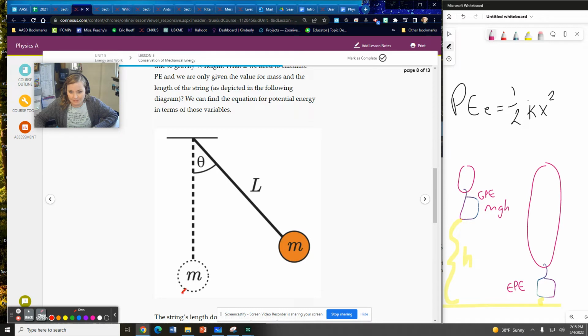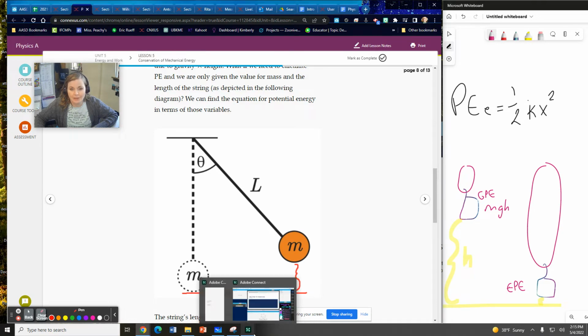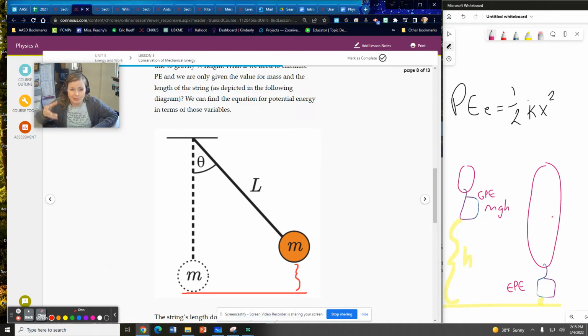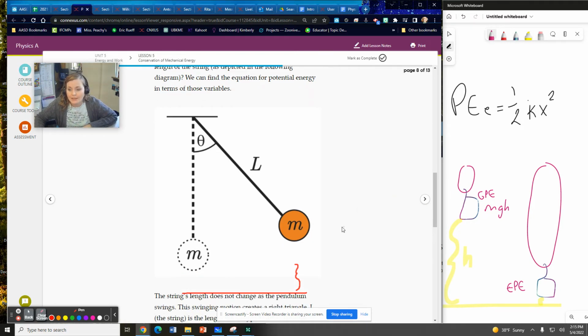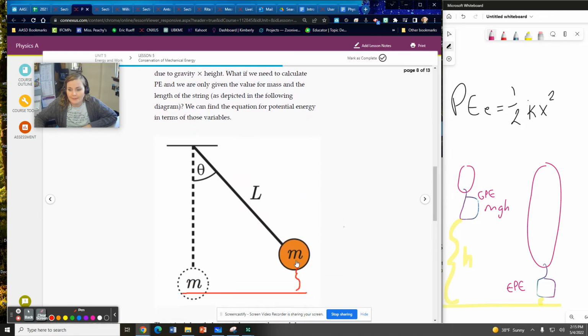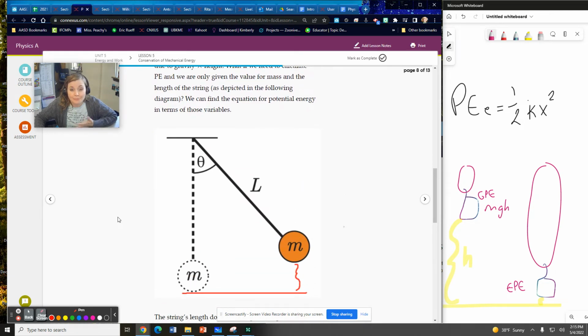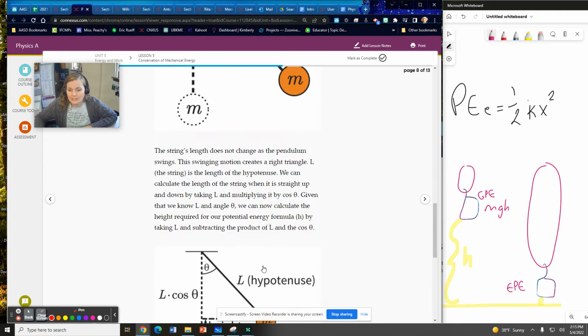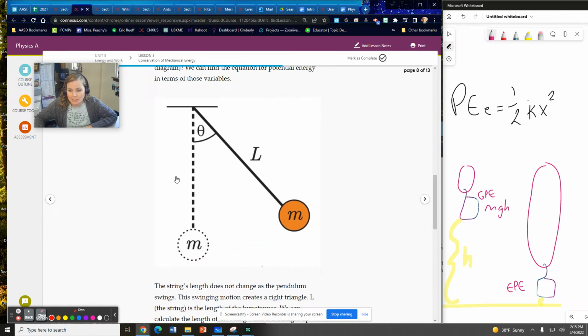So if this is your resting position here, this height here determines how much potential energy your bob, it's called a pendulum bob, the mass, is going to have. So the higher you would hold that up, the more potential energy it has, right? So you can actually determine that by using a little bit of geometry.